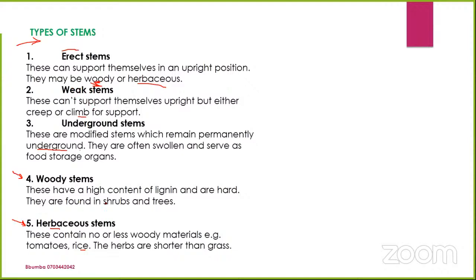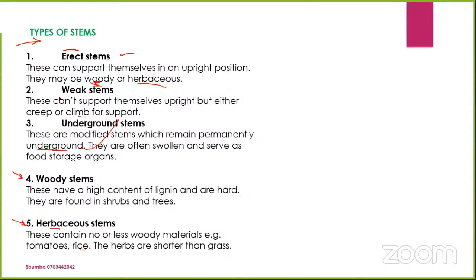So these are different ways you can categorize. But with all these categories, you may find that some can fall in 2 or 3 different categories. So I don't want you to say that erect stems, they are this and this and this, then weak stems, we have this and this, underground stem, we have this and this. Some may fall in any of these different categories.